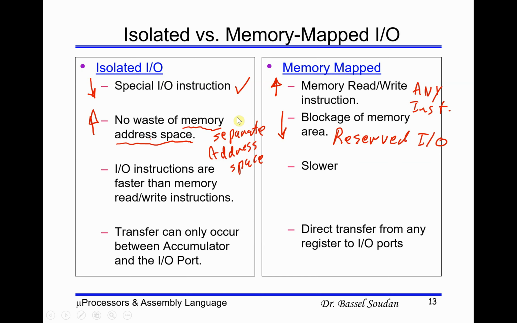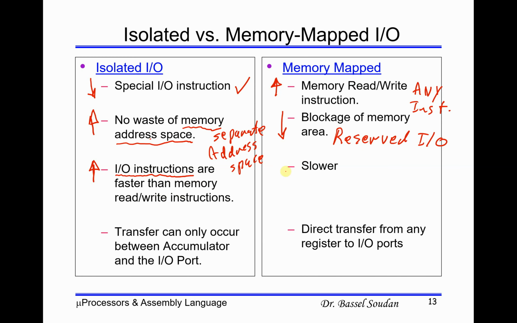Now the third regard is the speed. If I am using a particular instruction for the I/O, the microprocessor knows beforehand when it decodes the instruction that it is now accessing the input output. So the execution of the instruction will be much faster, because the decoding will directly recognize that this is routed directly to the input output devices.